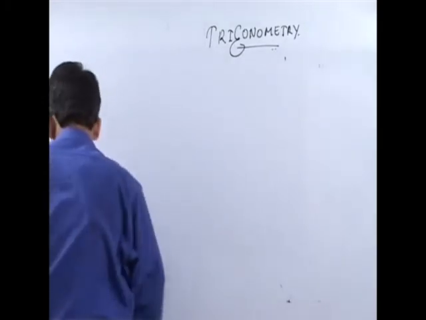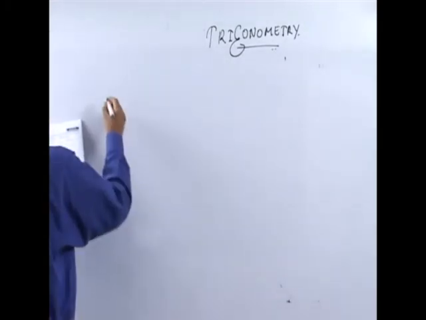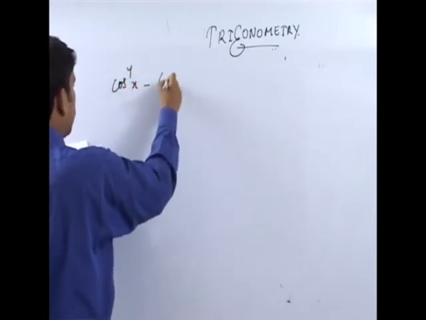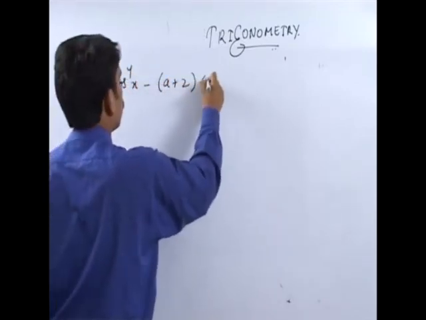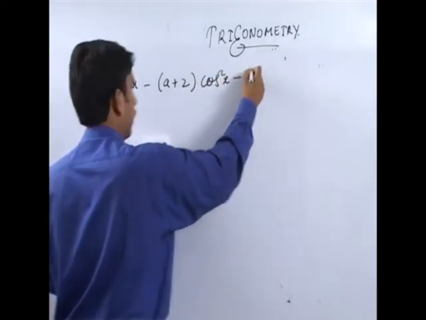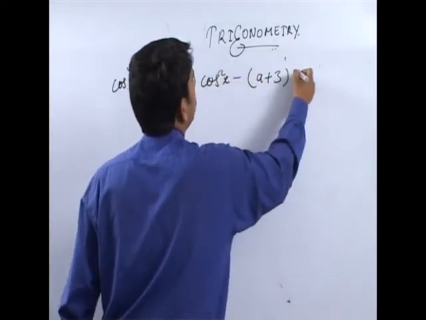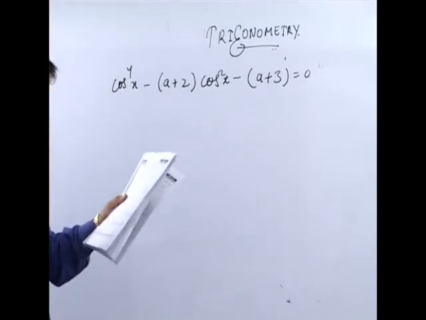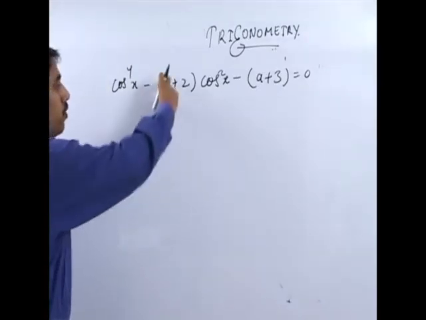Now the equation cos raised to power 4 x minus (a plus 2) cos square x minus (a plus 3) is equal to 0. You have to find a solution, that is, find the value for a.